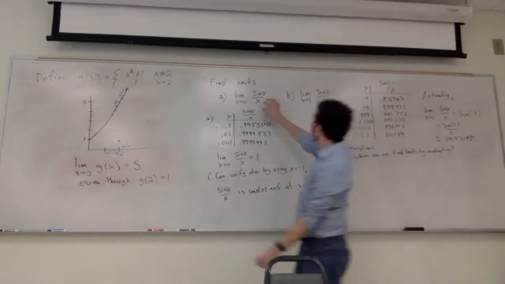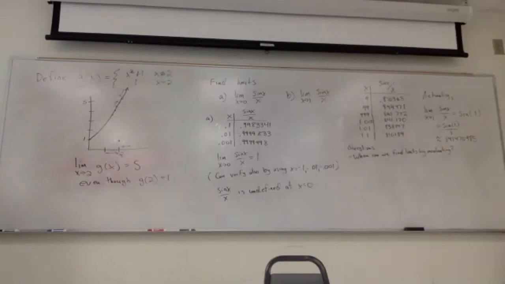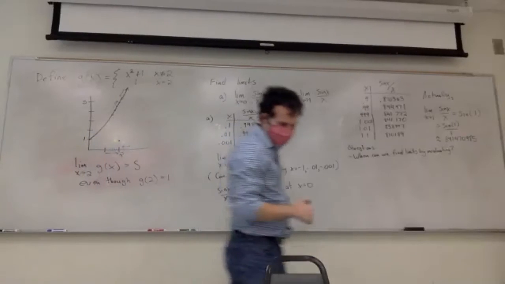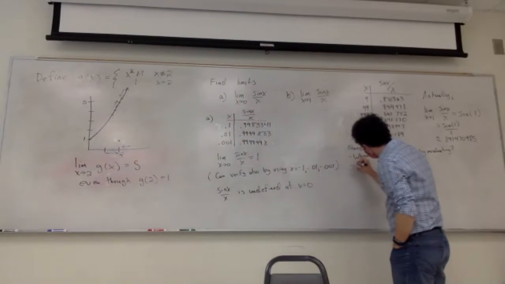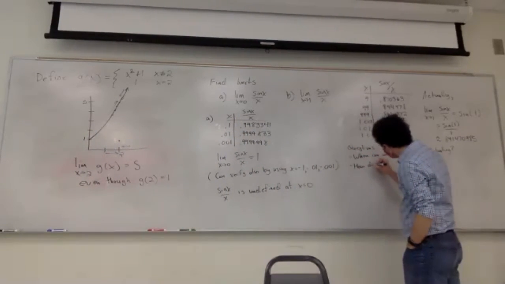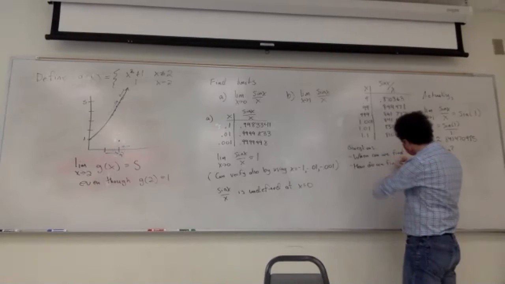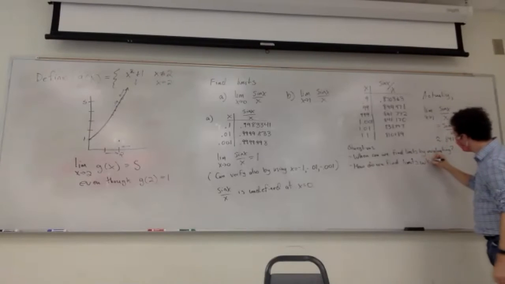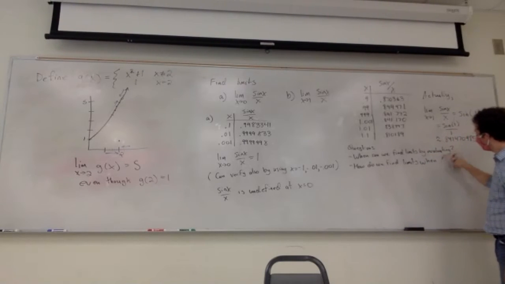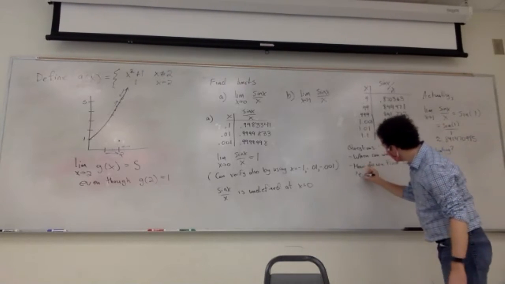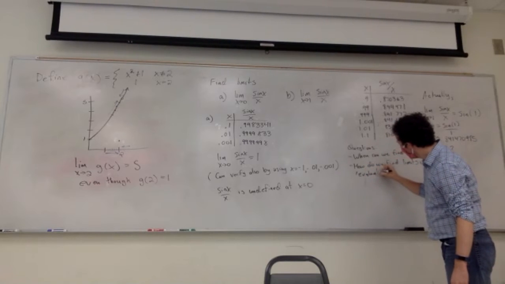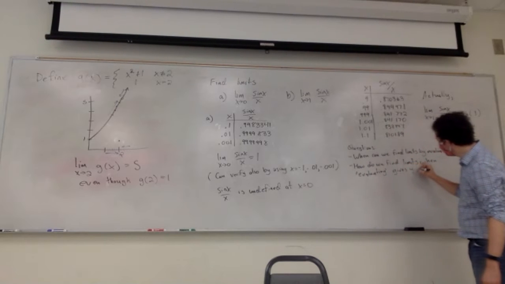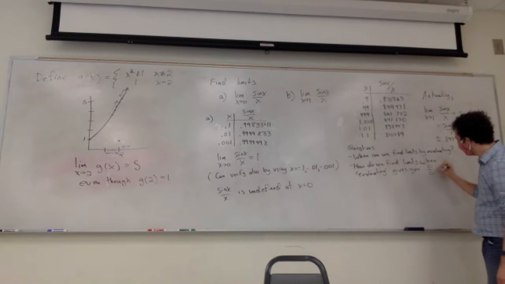That point at 0, there's a question there that we should ask. How do we find limits when, I'll put this in sarcastic quotes, evaluating gives you 0 over 0?